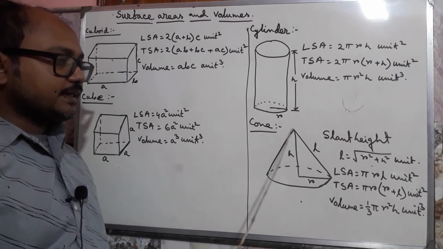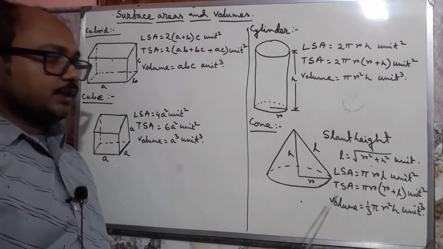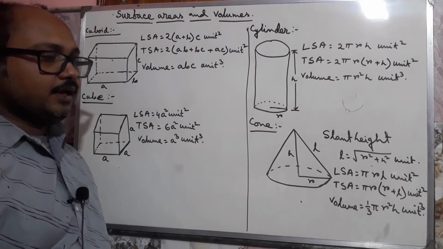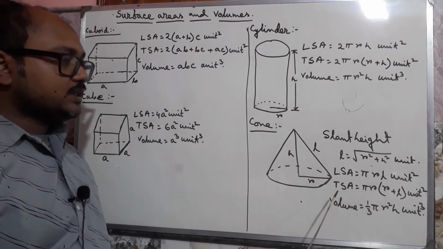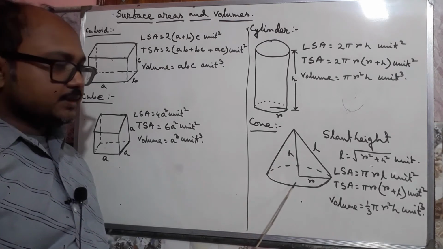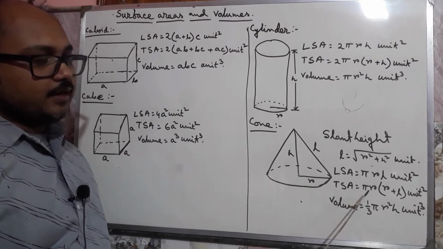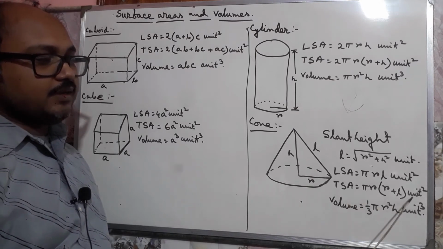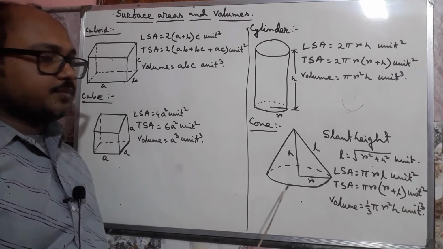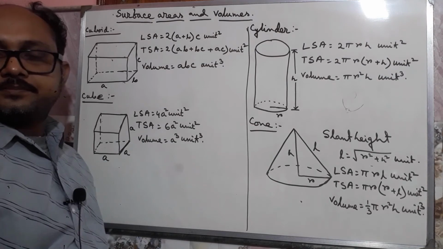Then what is the lateral surface area or curved surface area of this cone? That is pi r L unit square. Total surface area, this curved surface area plus this circular base, that is pi r L plus pi r square. So we can write pi r into (r plus L) unit square, and the volume of this cone is 1/3 pi r square h.